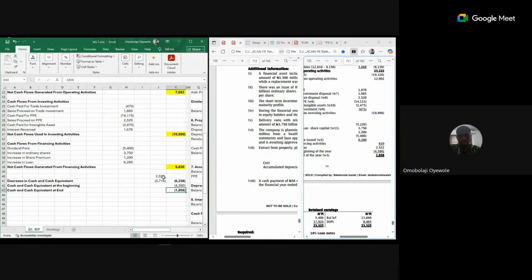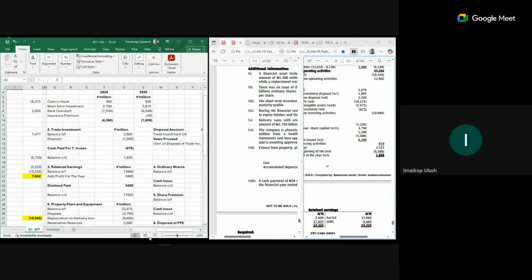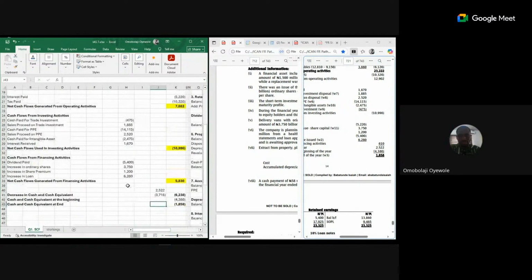If you look back, we calculated our cash and cash equivalents first before we started, which is fine. Cash and cash equivalents at the beginning, 4,380. So this was what we got, 4,380.